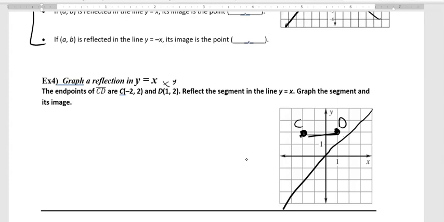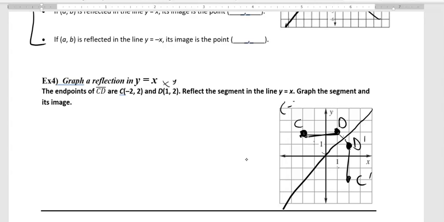Oh. 1/2. So how far do we have to go in the other direction? 1/2. So you're counting diagonals. Do you see how that is 1/2 of a diagonal and this is 1/2 of a diagonal? Okay, how many diagonals is C from the line? 2. 1, 2. So how many do we go? 1, 2. And that's where C prime is.